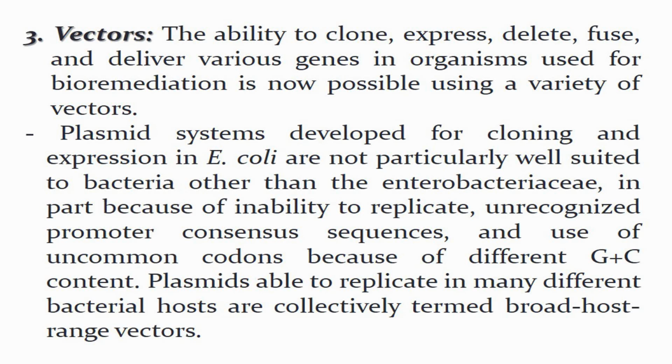So the cloning of some plasmids has limitations, because of inability to replicate, or maybe unrecognized promoter sequences, and also maybe the use of uncommon codons because of the difference in GC ratio. The plasmids able to replicate in many different bacterial hosts are collectively termed broad host range vectors. So not all plasmid cloning is successful.